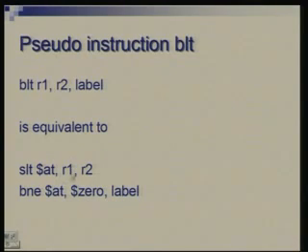So, in tutorial we are going to see many more instructions like this and see how they can be implemented using SLT and BEQ or SLT and BNE. Okay. So, various kinds of comparison can be done, and once we understand that, we can simply use BLT, as long as we have assembler which expands it for us, or we can expand it ourselves.